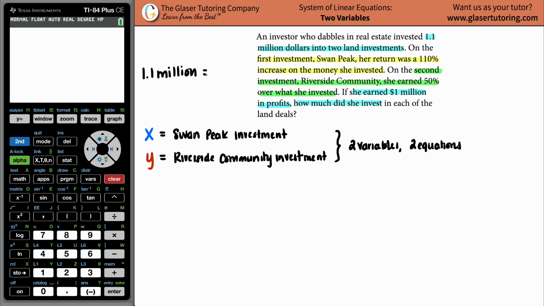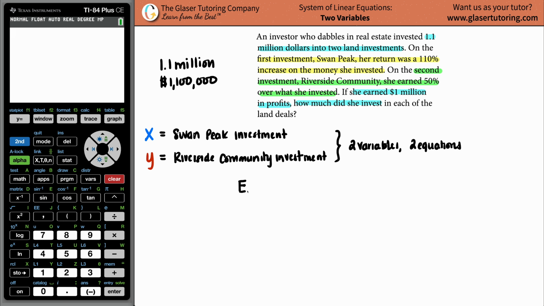And 1.1 million is the same thing as saying 1,100,000. There's your millions spot, and if it's 1.1, that means that it's 1, 1, so 1,100,000. And that's the total of the two land investments. So whatever she invested for X and whatever she invested for Y, the total has to equal $1.1 million, because she's dabbling.